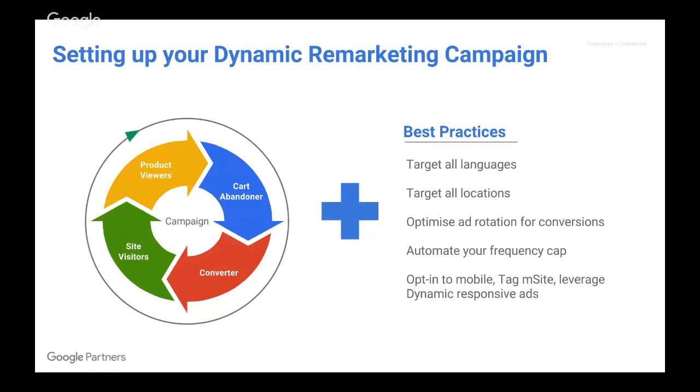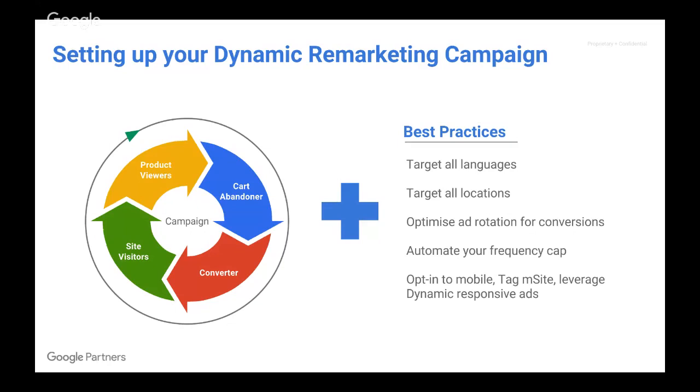And the same for devices. Don't forget to opt in to mobile. Today, we see that on average, 50% of the traffic comes from mobile, so it's really important to be present there. It's important to tag the M site as well, and to leverage dynamic responsive ads to have a nice format available on mobile.